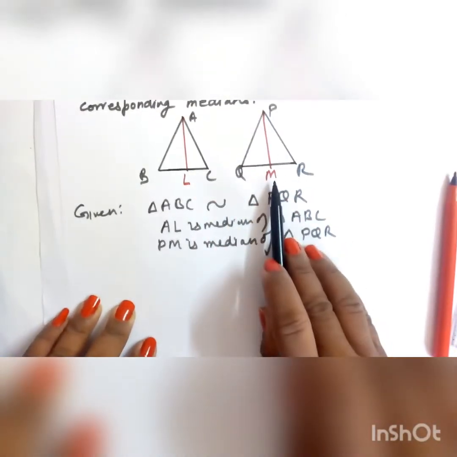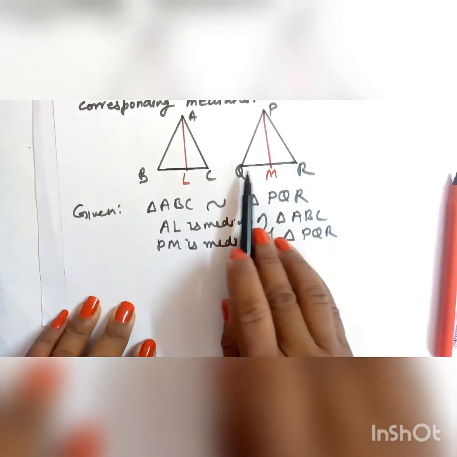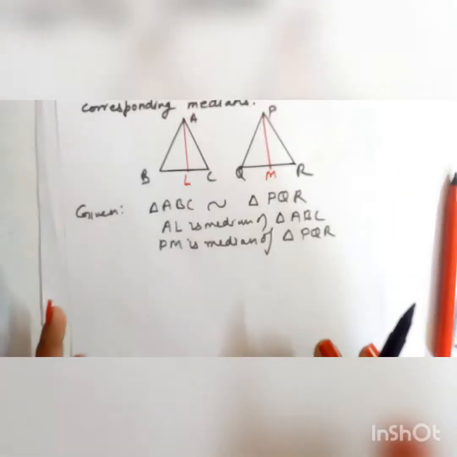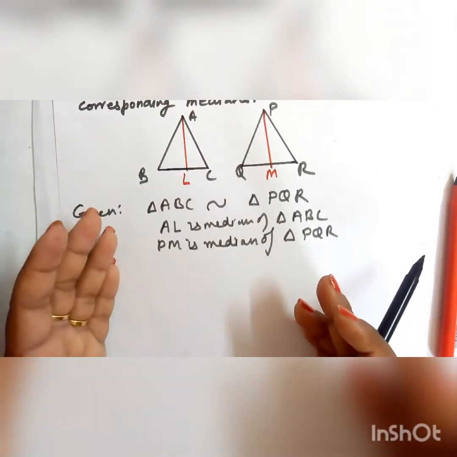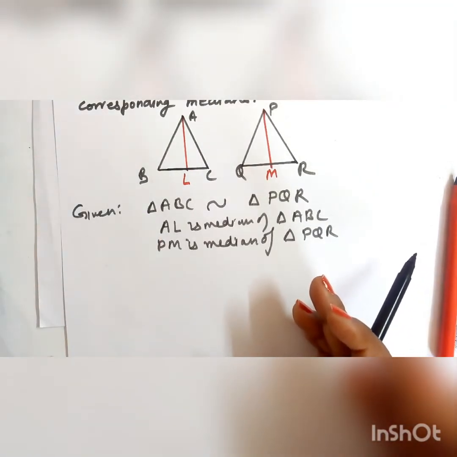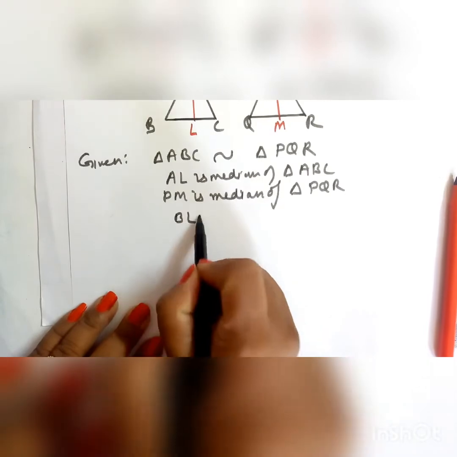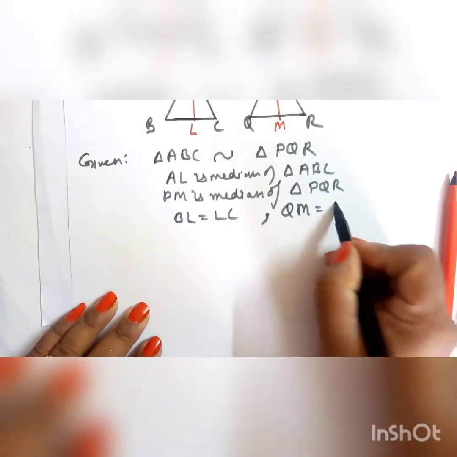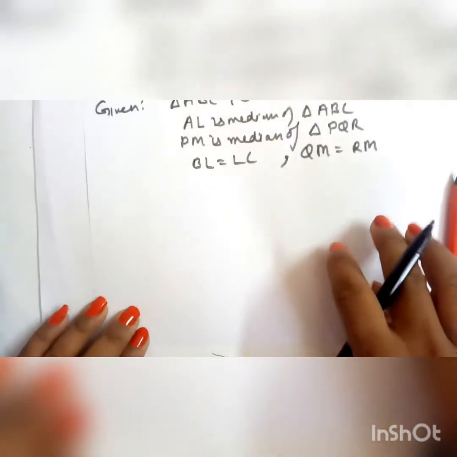Here PM is the median, so it bisects the base QR of triangle PQR, which means QM is equal to MR. We are writing this to make it clear, because it is very important: the question says AL and PM are medians, so definitely its use will come in solving the question. So BL is equal to LC and QM is equal to MR. Now what we need to prove.